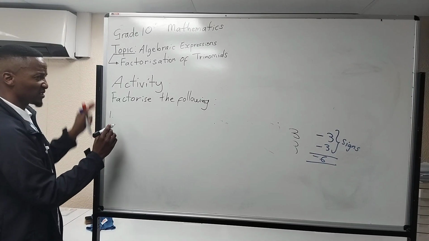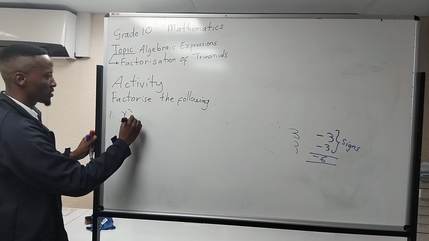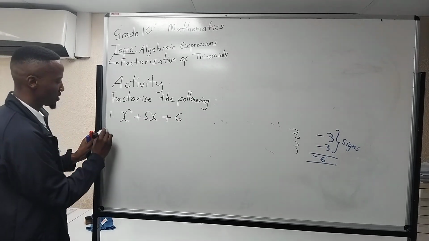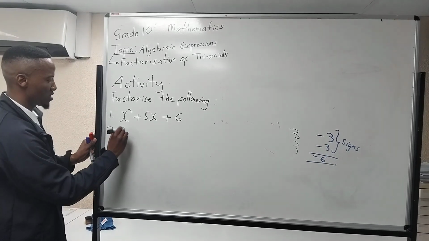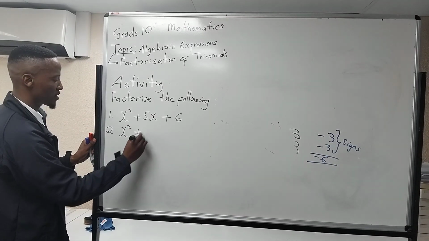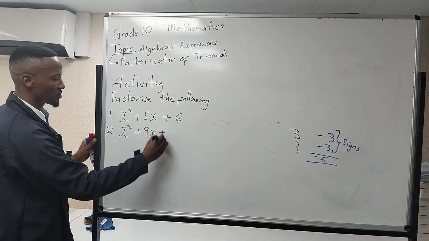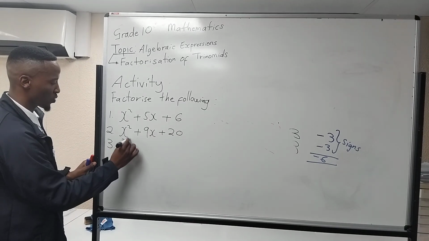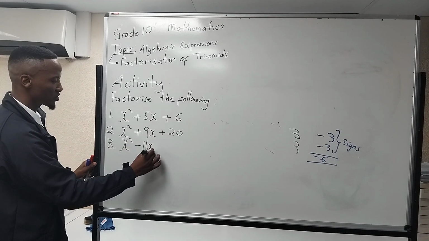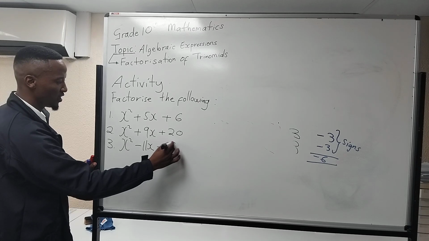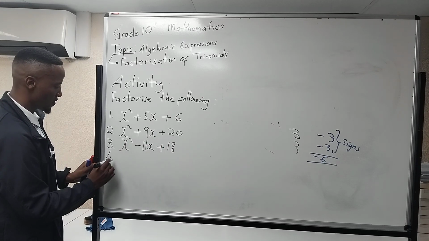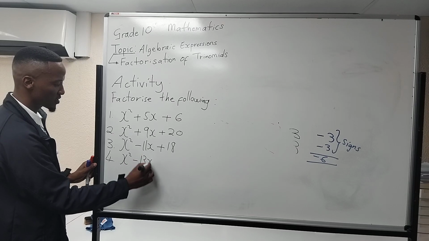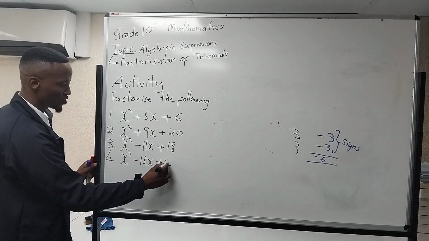The first one, x squared plus 5x plus 6. The second one, x squared plus 9x plus 20. Number 3, x squared minus 11x plus 18. Number 4, x squared minus 13x plus 42.